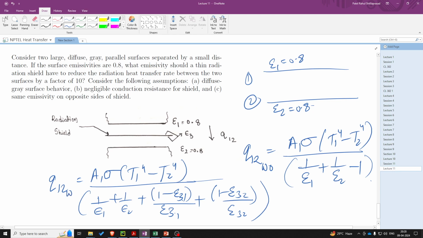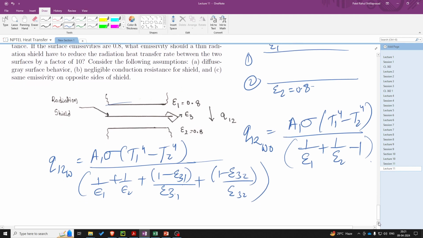Since we are given that both the surfaces are similar, epsilon 1 and epsilon 2, we can treat epsilon 31 as equal to epsilon 32 for this case.